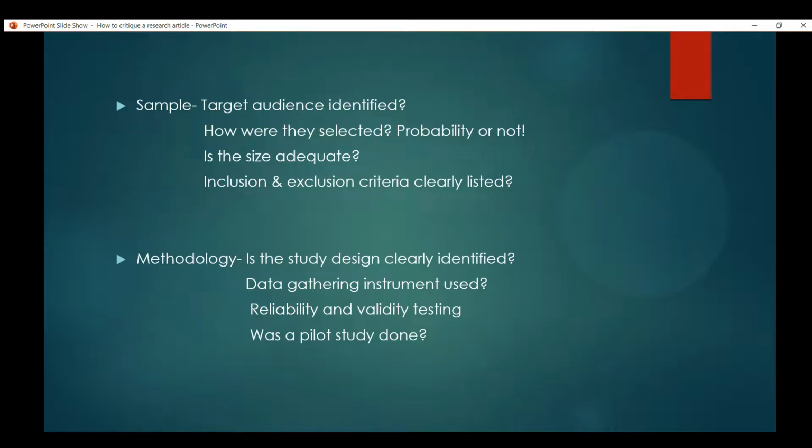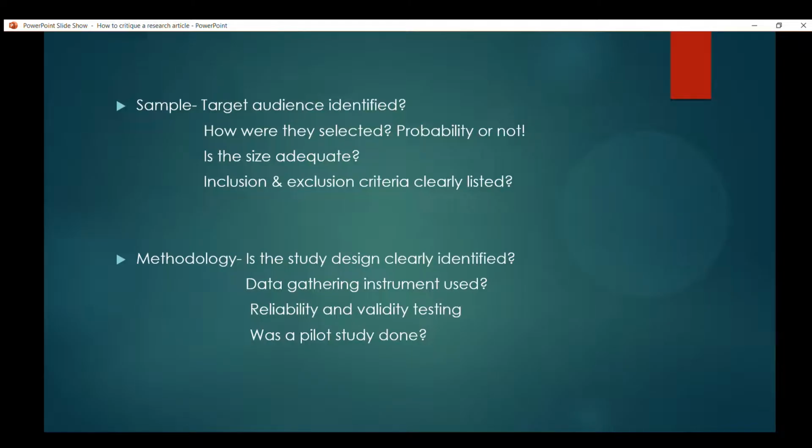So now, with this instrument, you want to check whether it has been calibrated, meaning anybody that uses it will get the same result. That is what you want to achieve. And then, was a pilot study done to check the instrument and to assess how accurate the data that you're recording is? Do you understand?